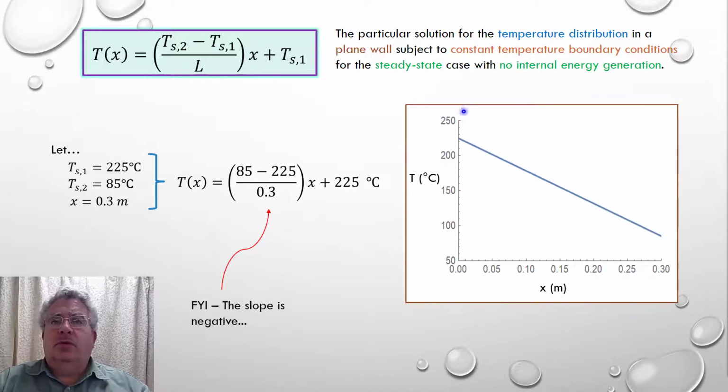Note the units: the vertical axis is temperature, and the horizontal axis is the position within the wall. x equaling 0 is the left-hand wall, with a value of 225 degrees. The right-hand wall is at 0.3, specified to be 85 degrees. Our particular solution says that we have a linear distribution of temperature between those two points.